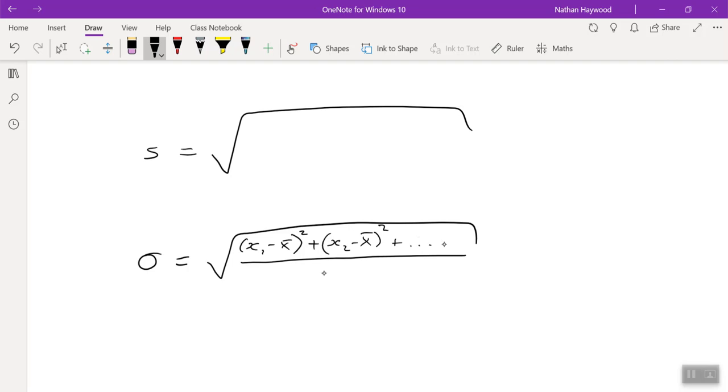And you add them all together and divide by what? The number. So in total population, which is sigma, you divide by n. In sample, you divide by n minus 1. Sample is like, I'm going to interview these three.